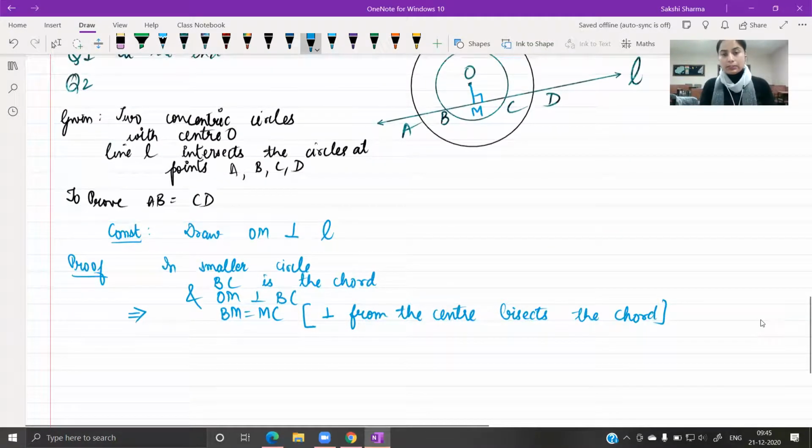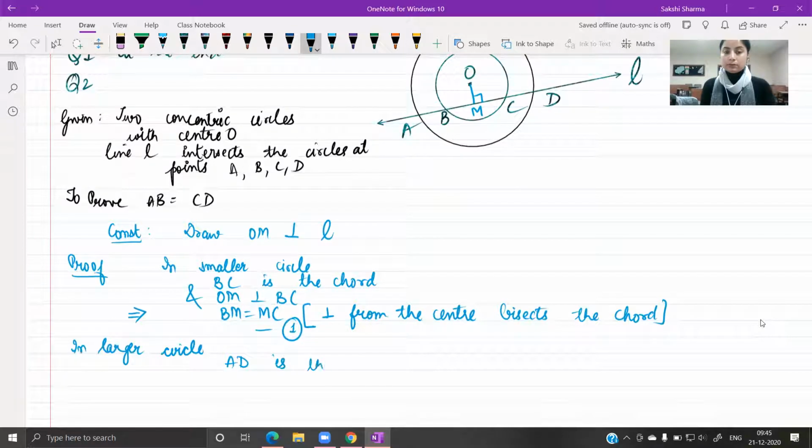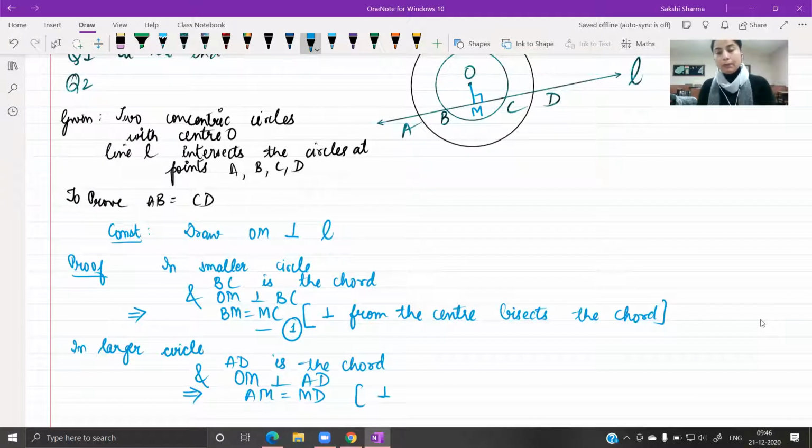And let's mark this as number 1. Same reason, perpendicular from the center will bisect the chord.